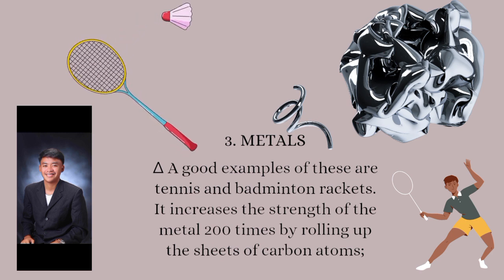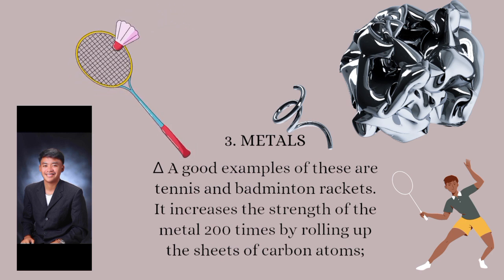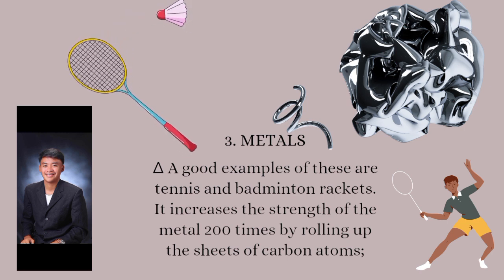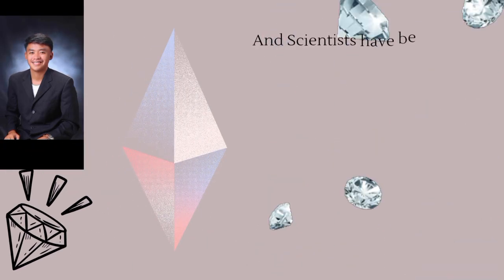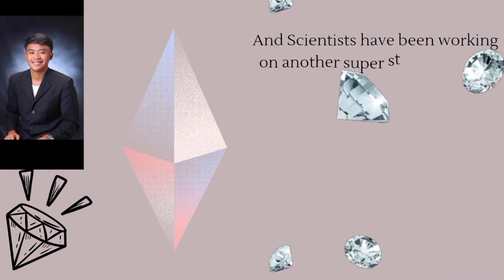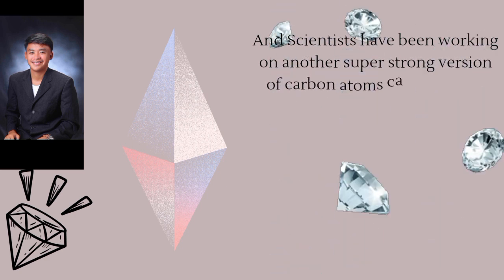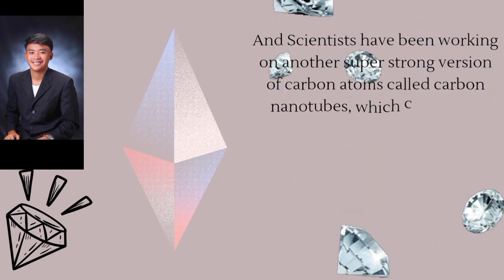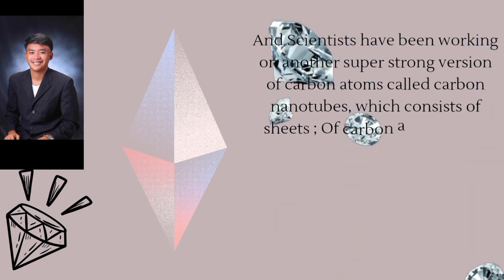This can easily slide around when writing because graphite sheets can easily rub off onto paper. Another example, in diamonds, carbon atoms are tightly packed together, making it so hard that it can cut steel.